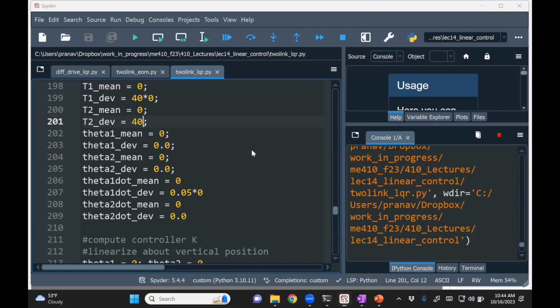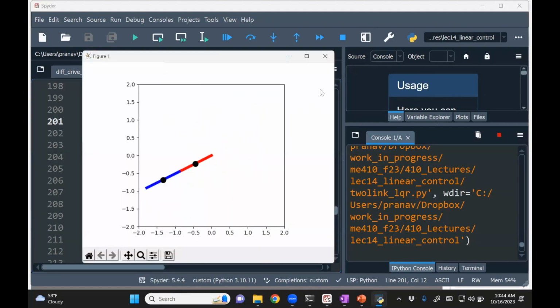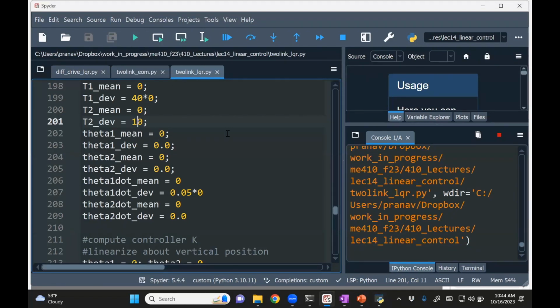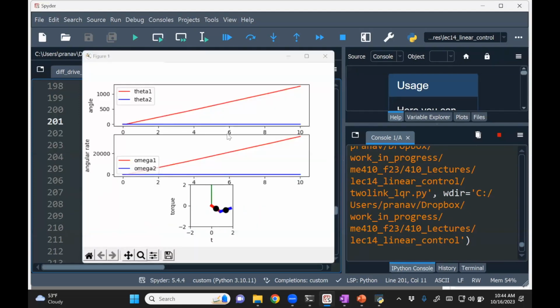It's failed too. That's too much. Try a smaller one. No, that fails too. There's some plotting error, but it looks like it's not doing that well.